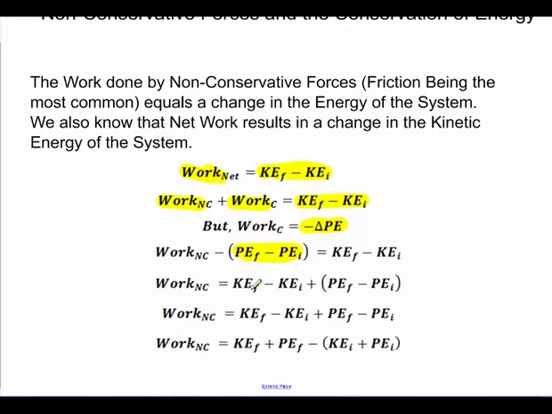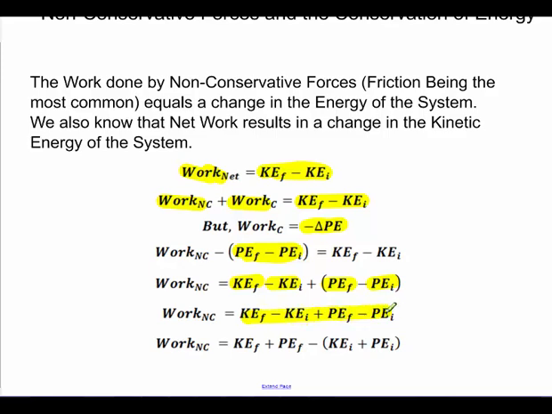Alright, so here I've distributed the negative, so then I can say that the work done by non-conservative forces is equal to final kinetic energy minus initial kinetic energy plus the final potential energy minus the initial potential energy. Go ahead and drop the parentheses and I get this equation here.